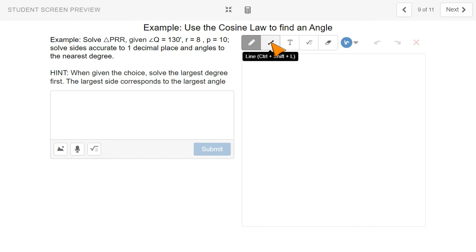Okay, last example here. Use cosine law to find an angle or to solve for the triangle. Solve for PQR. Sorry, excuse the typo. Given that angle Q is 130 degrees, little r is 8 and p is 10. Solve all sides accurate to 1 decimal place and angles to the nearest degree.